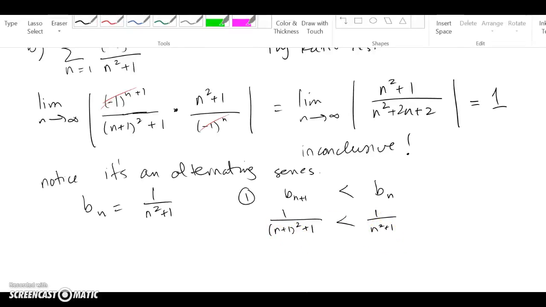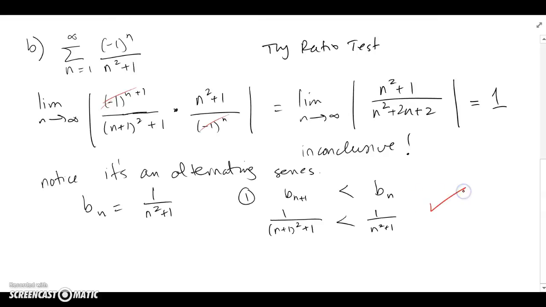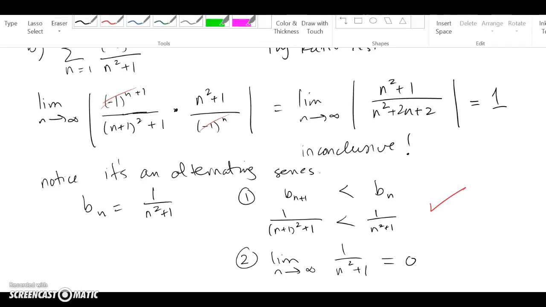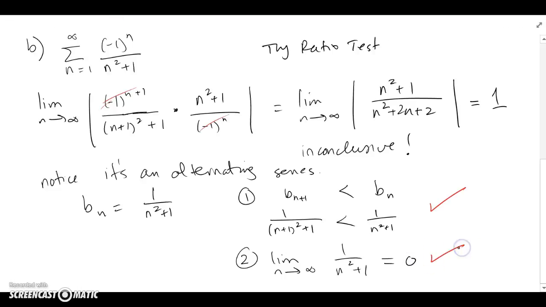So the first check for the alternating series test, Bn being decreasing all the time, works. The next check is the limit as n goes to infinity, and that looks like it goes to 0. So that is qualified as well. So I can conclude that this series converges by AST, the alternating series test, of course.